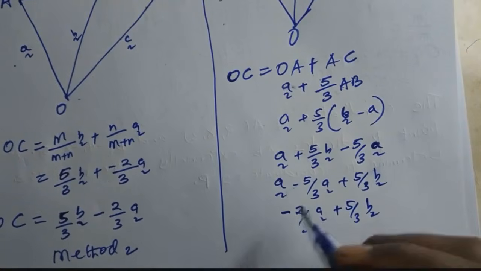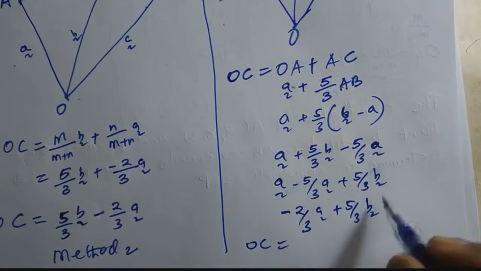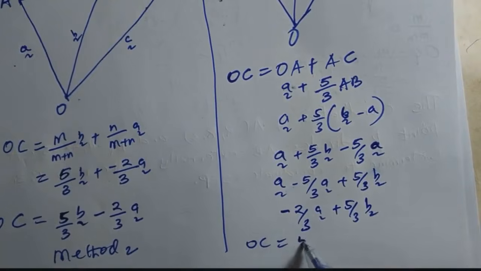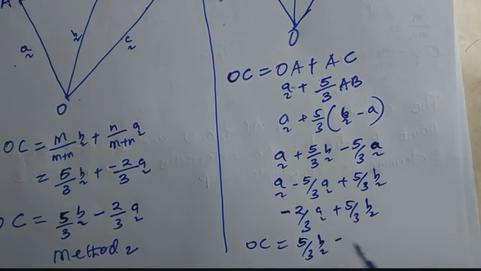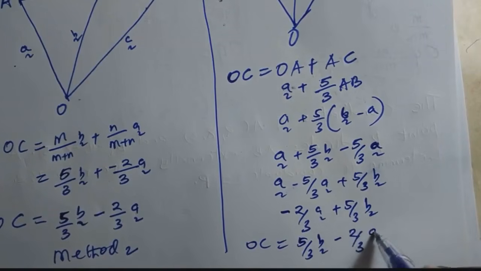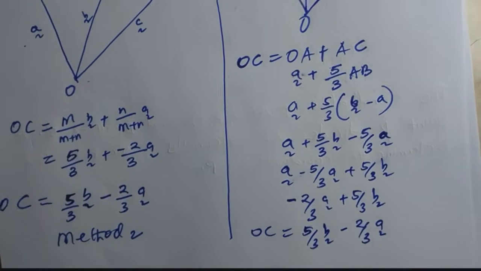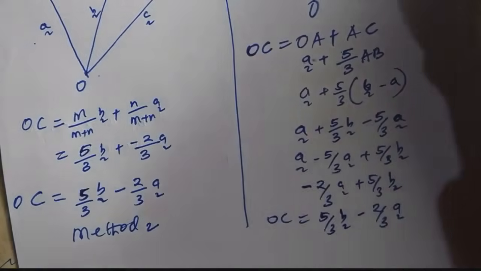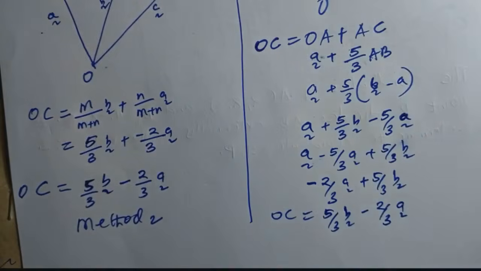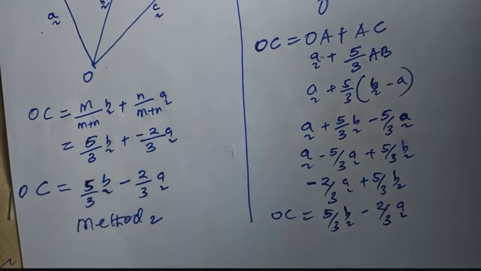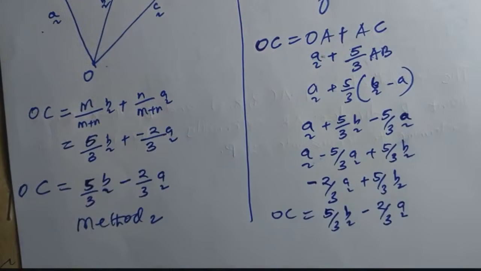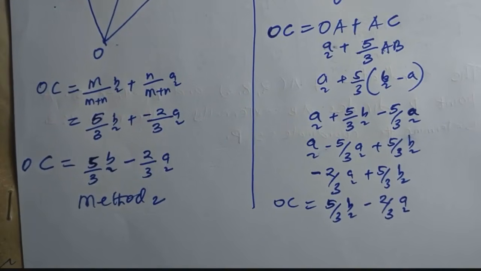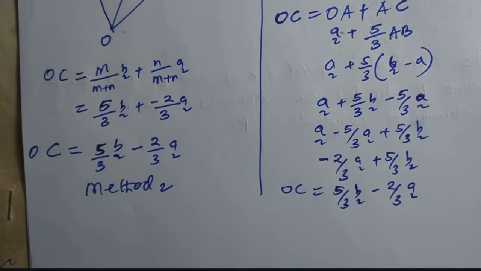So OC is equal to, we start with positive, 5 over 3B minus 2 over 3A. As we do more examples, you will be able to see what we are saying.